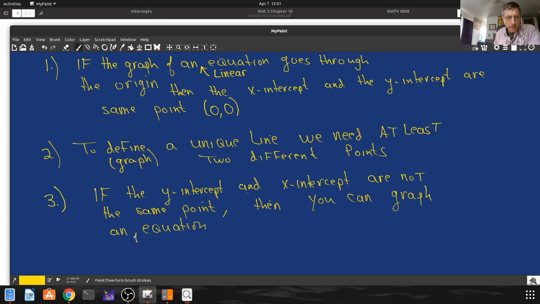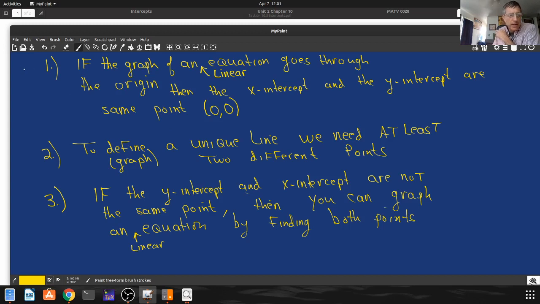So remember, we're always talking about linear equations here, by finding both points. So let's think about this and put it all together.